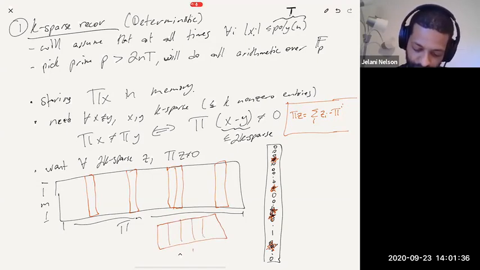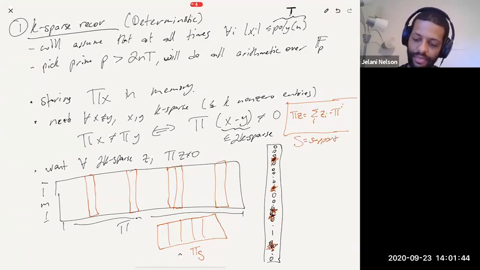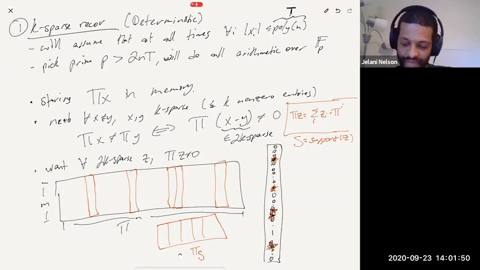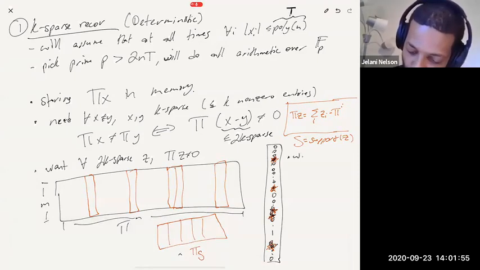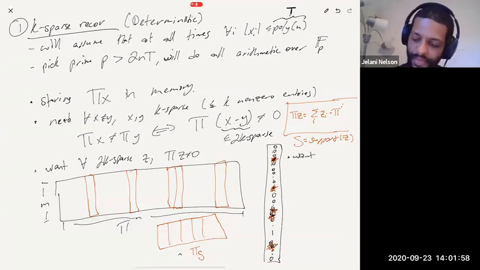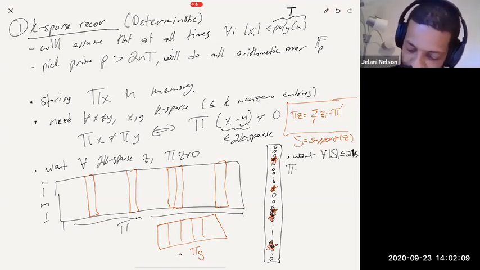I'll call this pi, let's call it pi S, where S here is the support of Z. So it's pi where you only keep the columns in the support of Z. That's pi S. Pi S is you only keep the columns in S. So what I want is that for all S of size at most 2k, pi S has full column rank.